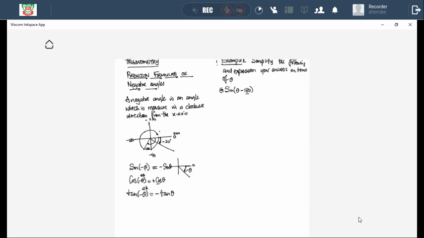Now, once you see such, it means this is a negative angle. Okay, right. Now, so how am I going to simplify this? I'm simply going to say sine theta minus 180. Since it's a negative angle, I'm going to add a revolution to this so that I can address the negative angle.